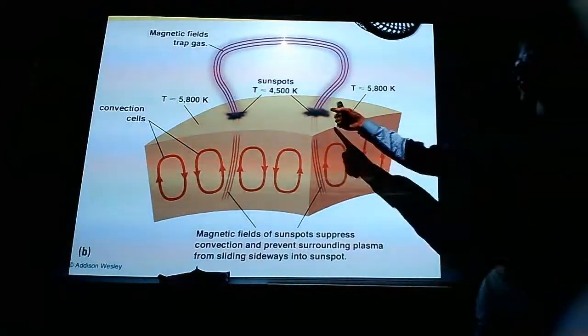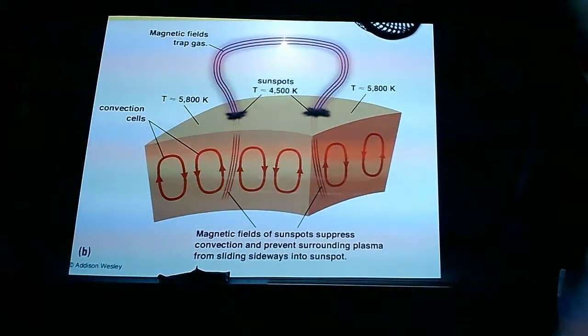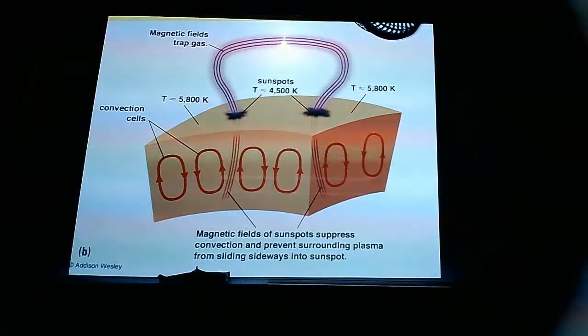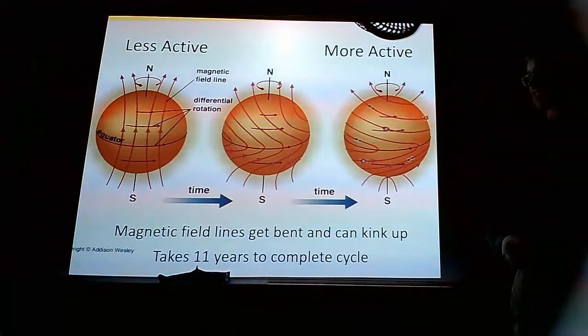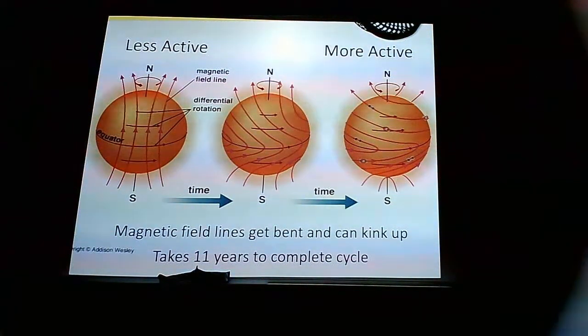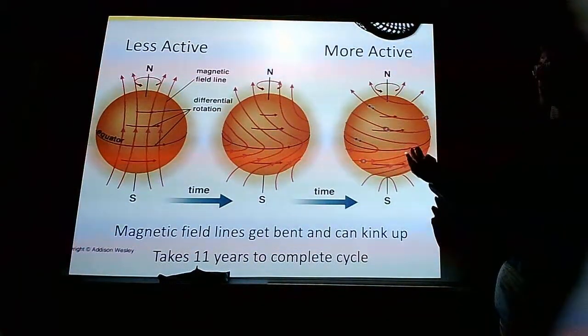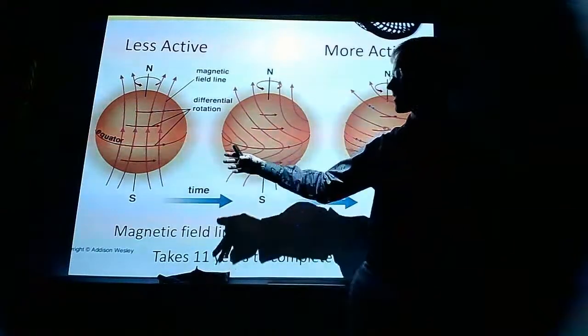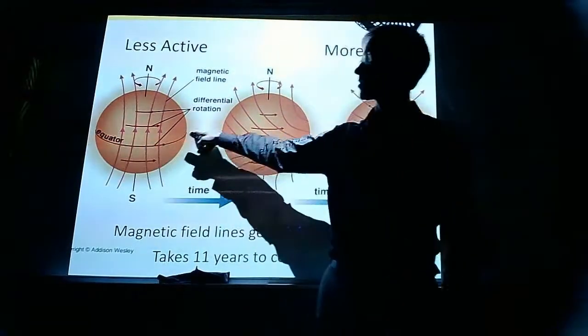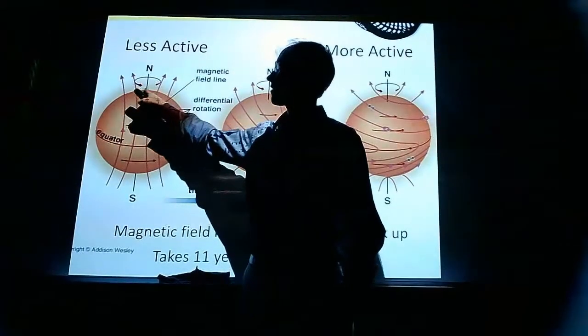So these are the locations you'd want to go to if you wanted to last as long as possible on the surface of the sun. And the interesting thing about the sun's magnetic field lines is that they switch, and they switch relatively often. What ends up happening is, because the sun is so massive, and because it's a big ball of gas, the equator spins much faster than the poles.